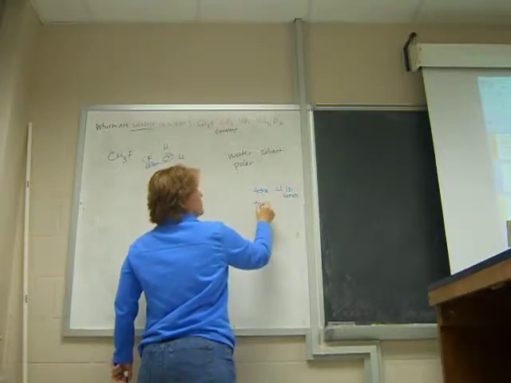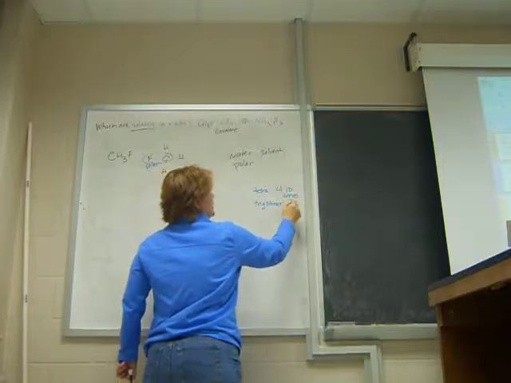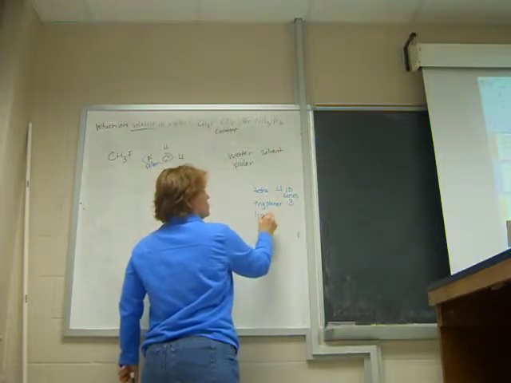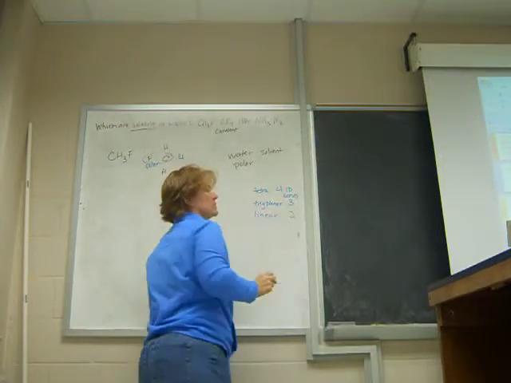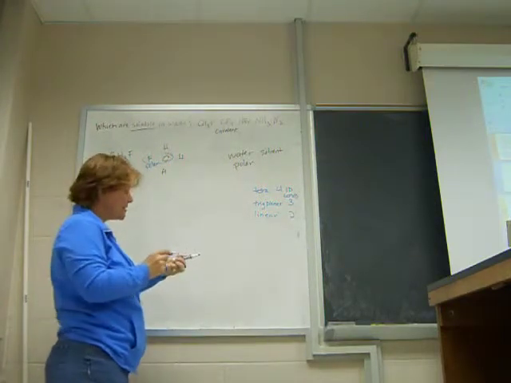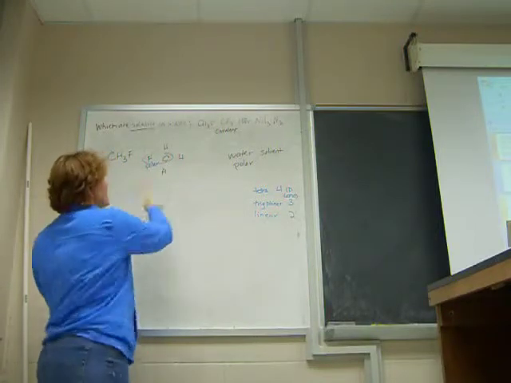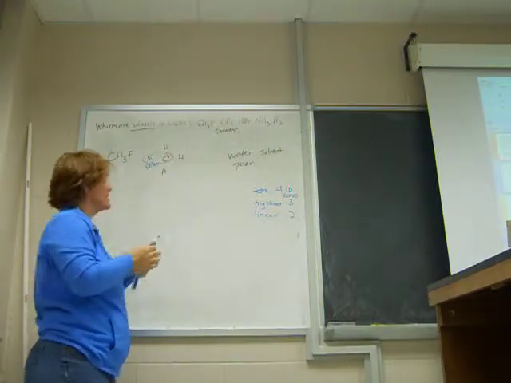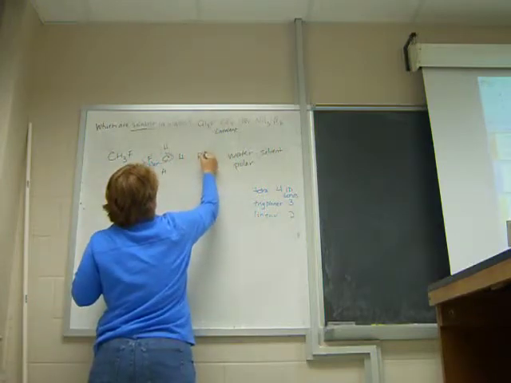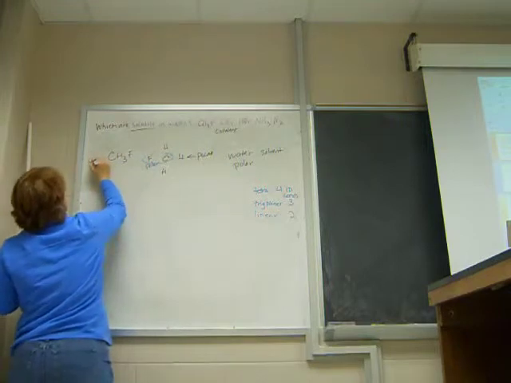It could be trigonal planar with 3, or it could be linear with 2 identical bonds. Again, that's back at the end of chapter 6. So in this case, I see that there's a polar bond, and I also see that there are not 4 identical bonds. So it's enough for me to say this is polar. So this would be soluble.